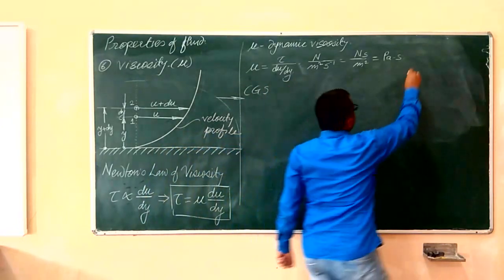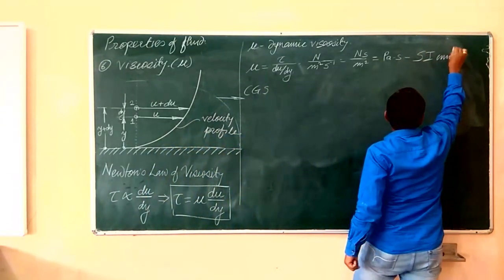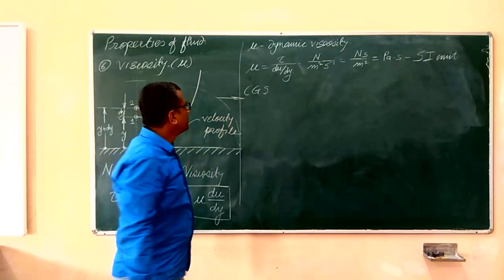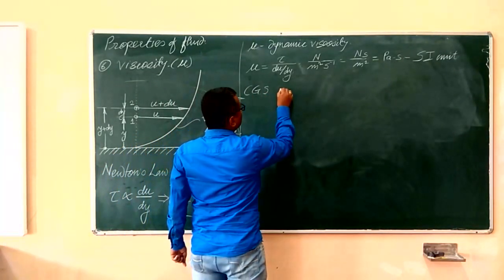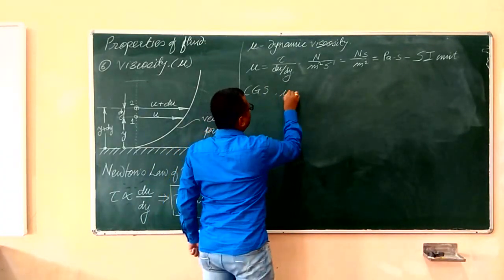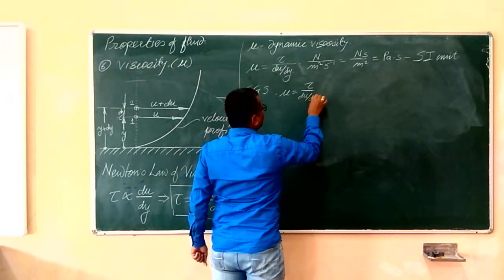Let me write down, this is the SI unit of dynamic viscosity, that is Newton second per meter square or Pascal second. Now in CGS unit, mu is equal to tau divided by du by dy.